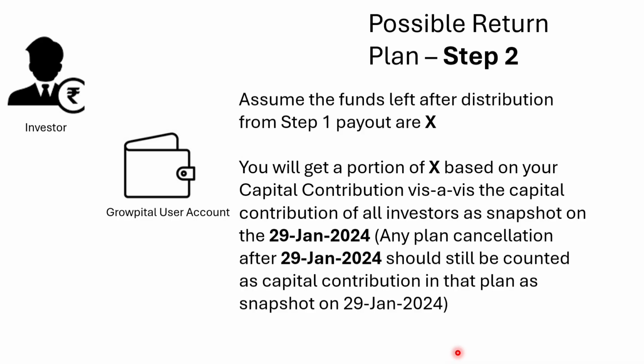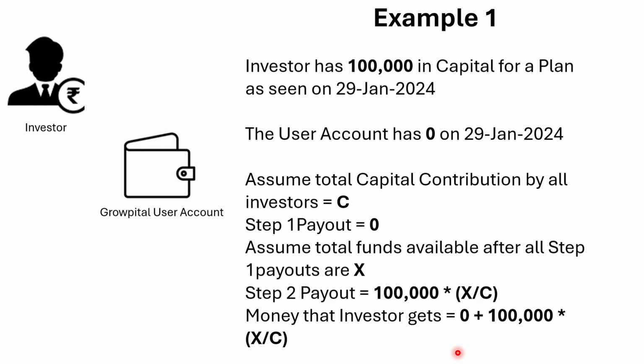So this might be abstract, so let's try to take an example. Let's say an investor has 1 lakh in capital for a plan as seen on 29 Jan 2024. Let's further assume that his user account balance is 0 on the 29 Jan 2024. Let's assume that the total capital contribution by all the investors put together is C. So what does the investor get?